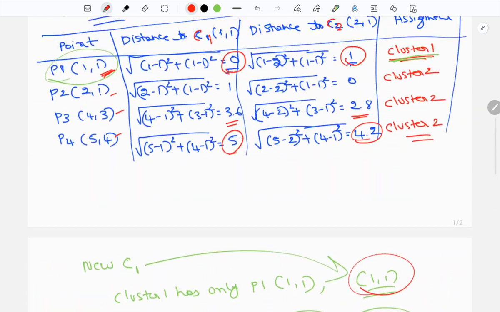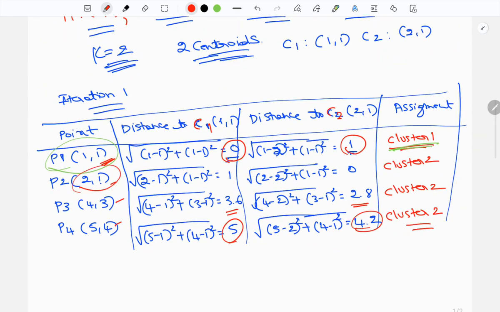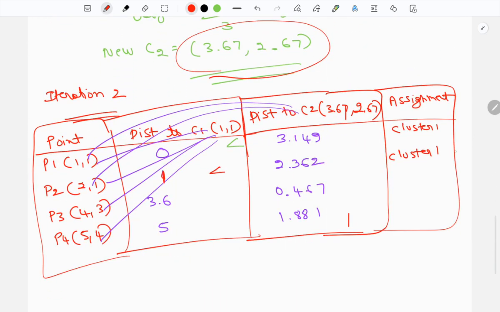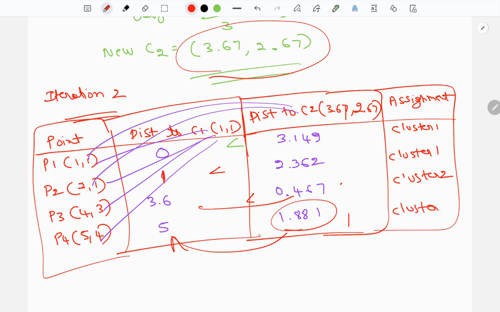Earlier this one belonged to cluster 2, whereas now it has changed to cluster 1. Here 0.4767 is less than 3.6, so it is cluster 2. This 1.81 is less than 0.5, so again it is the same, cluster 2.